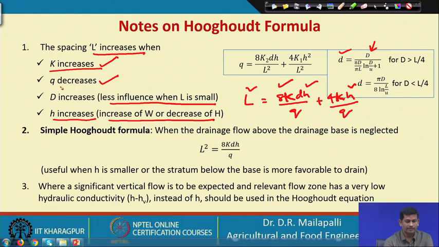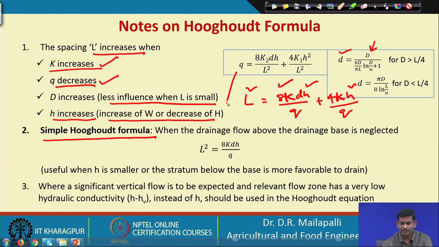If you are expecting less Q, that is, the drainage discharge from the area is low, or the recharge which is taking place is low, then you can also increase the lateral spacing. Okay. If H increases, in the sense that vertical flow is increasing, in that case also you can increase the line spacing.